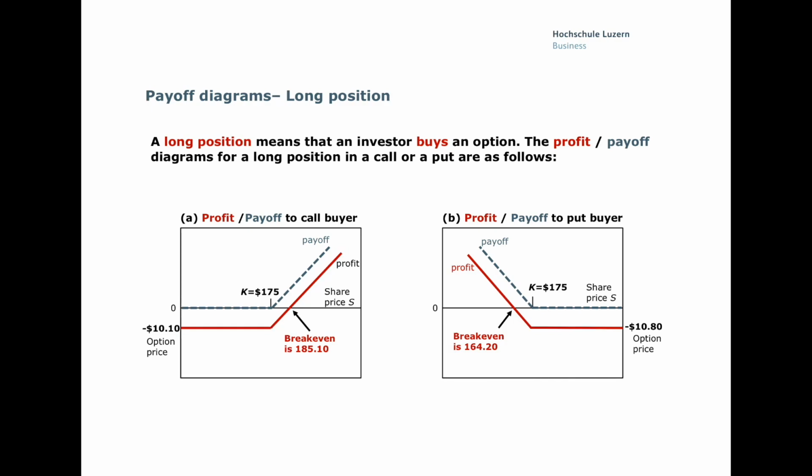In this scenario, the investor will only exercise the put option if the stock price is below break-even, which corresponds to $164.20. Note that the maximum loss that will occur to the investor if the stock price increases rather than decreases is limited to the option premium.